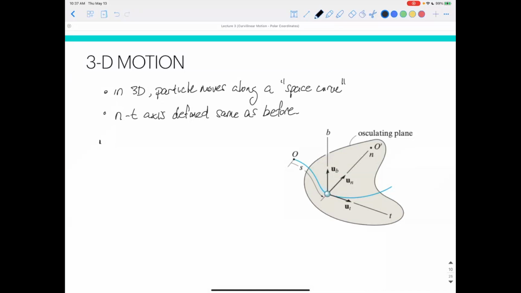So UB, or the B axis, which we define with the unit vector UB, defines the unit normal for what we call the oscillating plane.